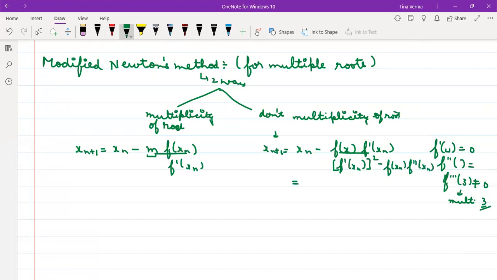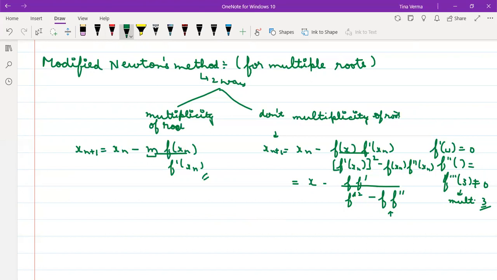You can remember it like this: f dash square minus f into f double dash. You use this when you don't know the multiplicity of the root. You use the earlier one when you know the root is a multiple root and its multiplicity is, say, 2.